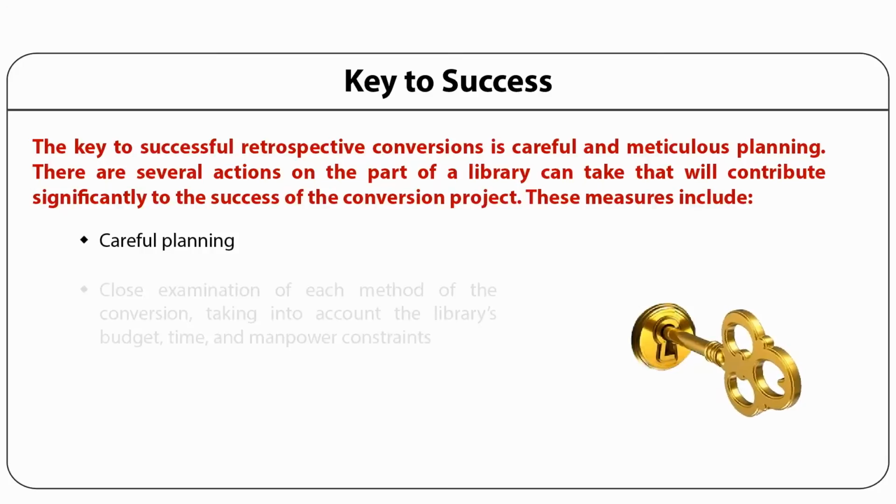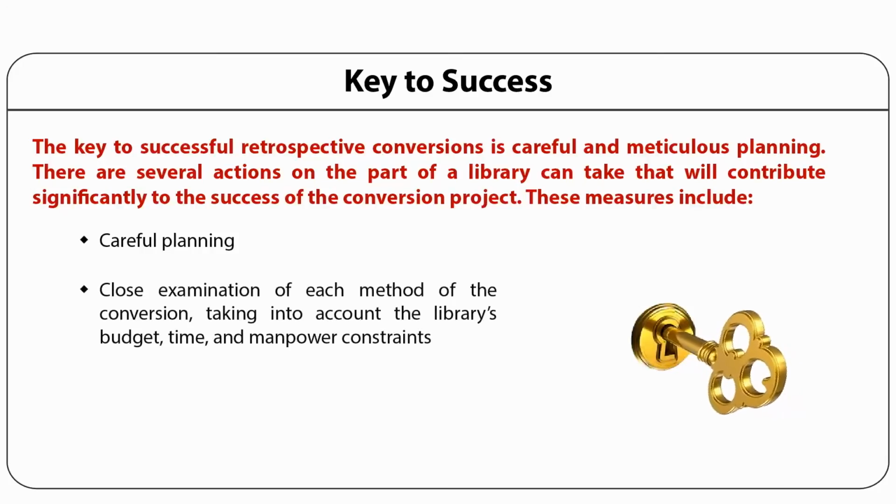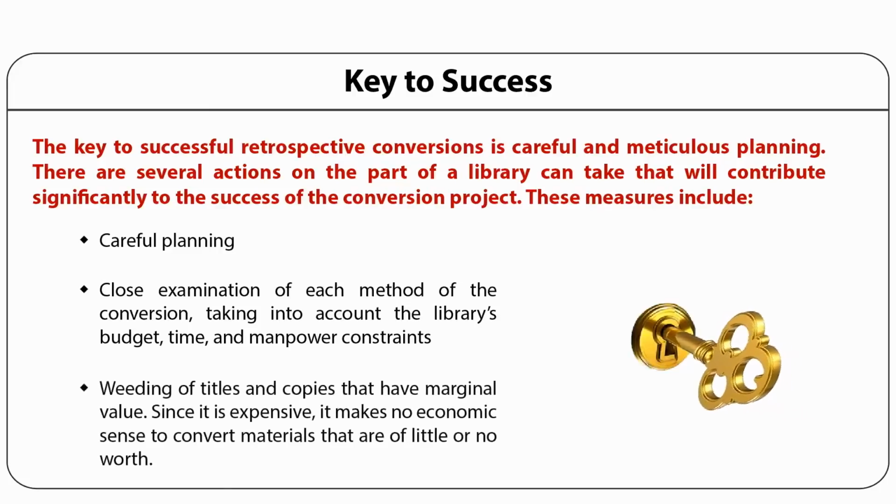Number 2, close examination of each method of conversion, taking into account the library's budget, time and manpower constraints. Number 3, weeding of titles and copies that have marginal value. Since it is expensive, it makes no economic sense to convert materials that are of little or no worth.